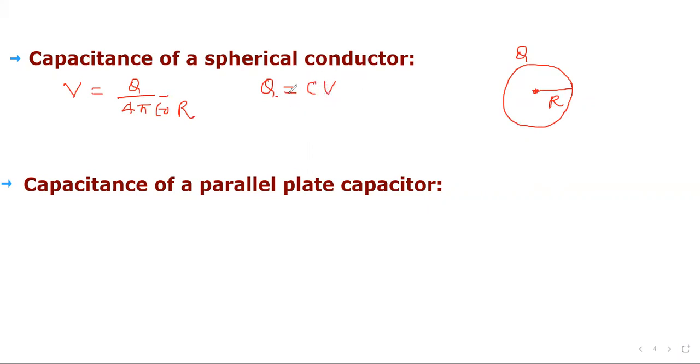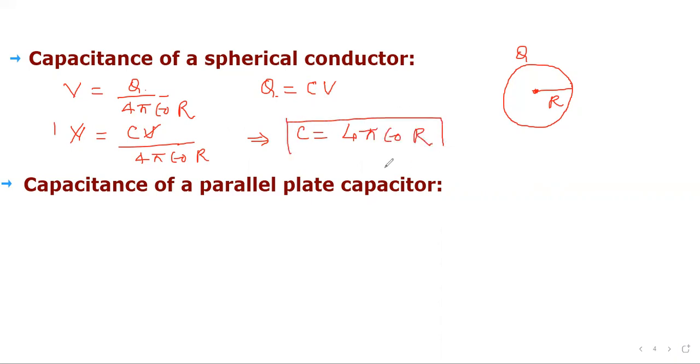So from here we can put the value of q. So V will be equal to CV divided by 4 pi epsilon naught R. So we will cancel out V, and we will get C equal to 4 pi epsilon naught R, which is required.